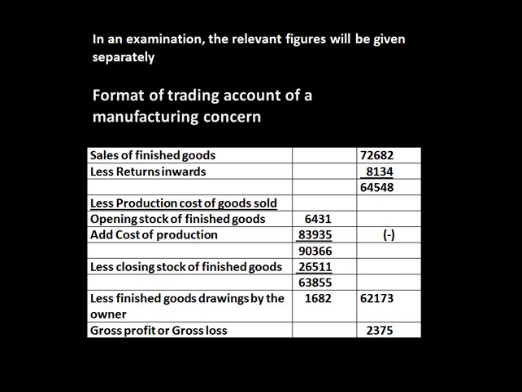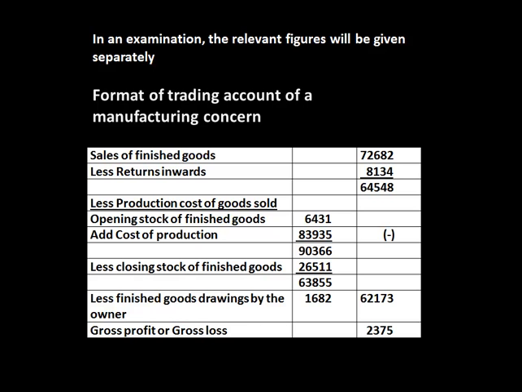Less production costs of goods sold, so the opening stock. Add in the cost of production, which comes to 90,366. When we add in the opening stock plus the cost of production, less the closing stock, whatever is left in the stores, giving us 63,855 in this case, less finished goods drawings by the owners.